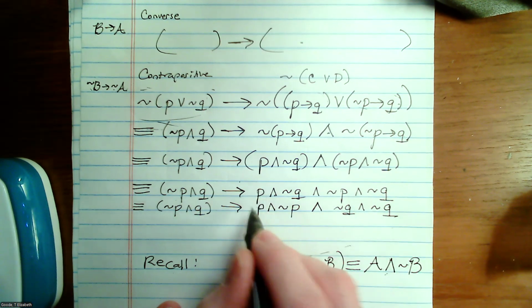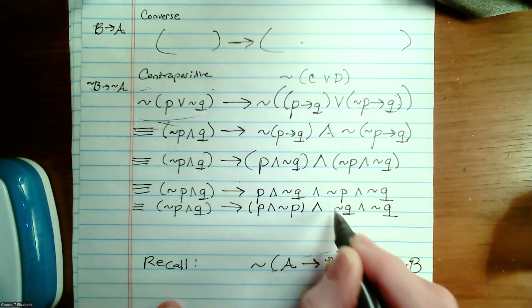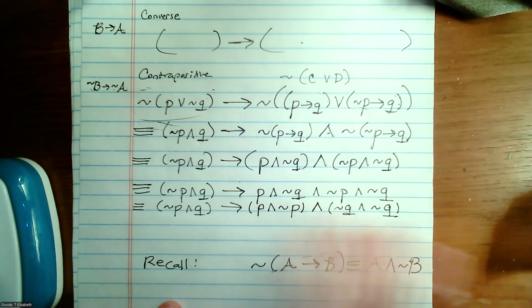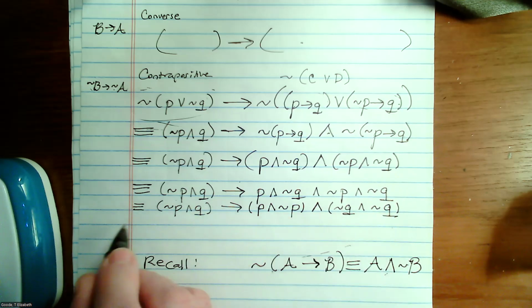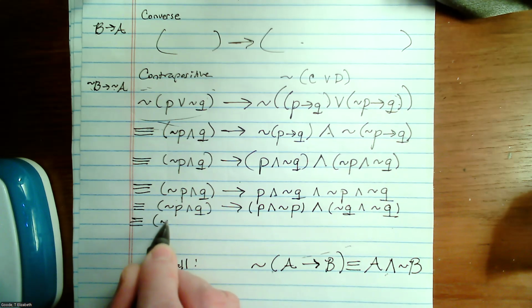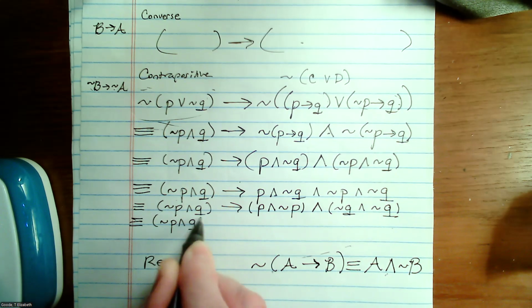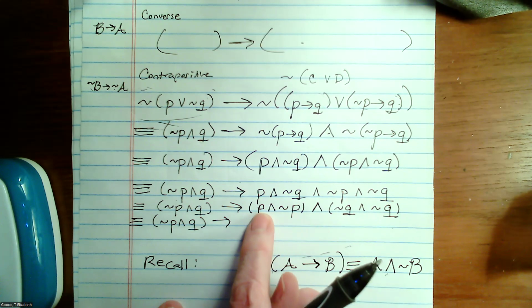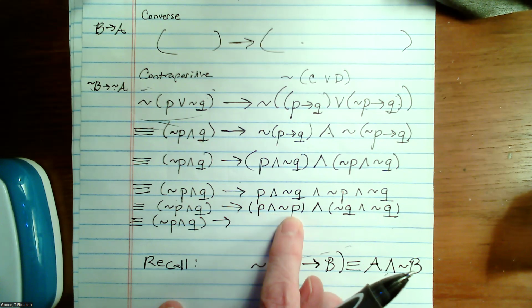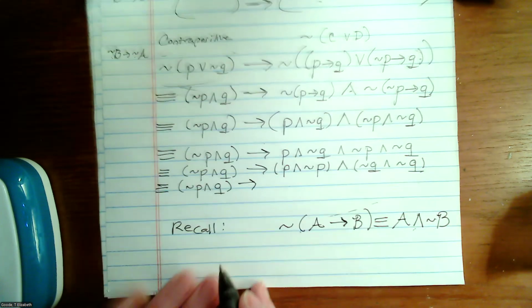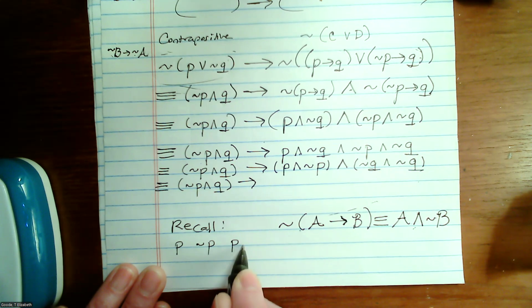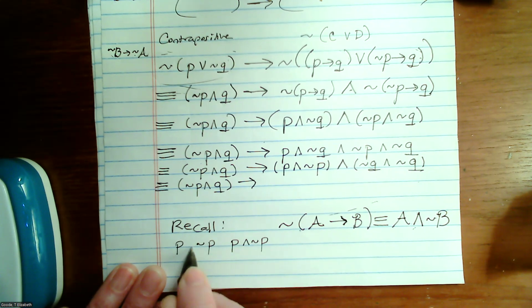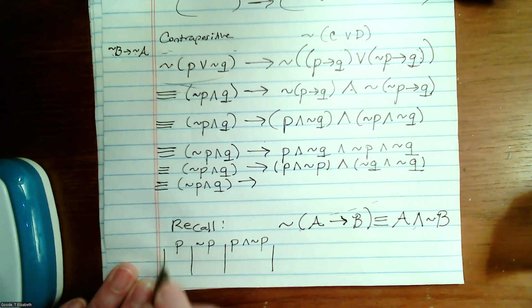Now let's think about doing a little grouping. It doesn't matter what order we do these operations, because they're all ands. So I'd like to challenge you to think about P anded with not P. Like if you made a truth table: P, not P, P anded with not P. Okay, let's just investigate.